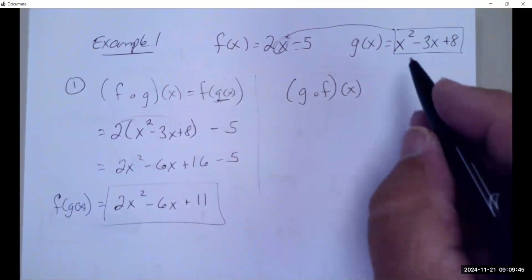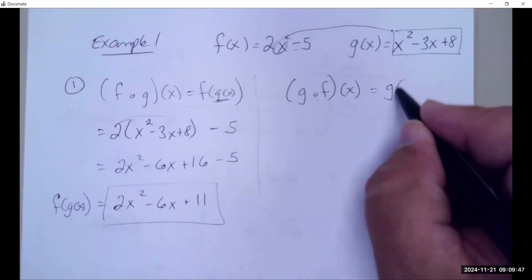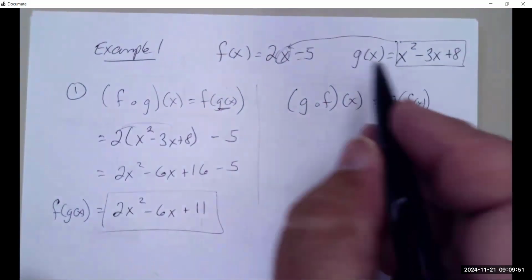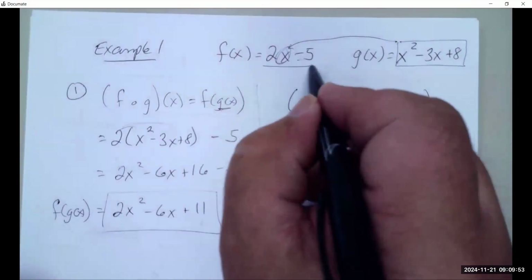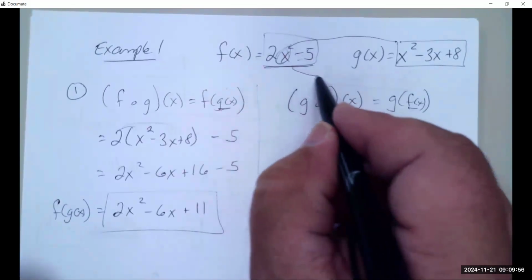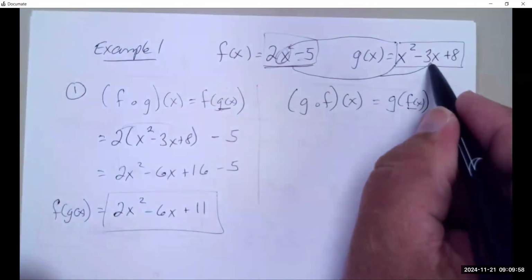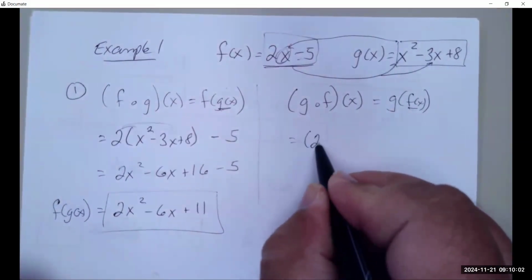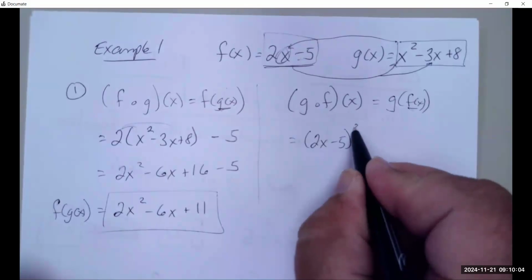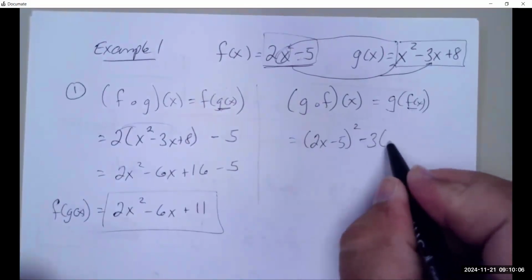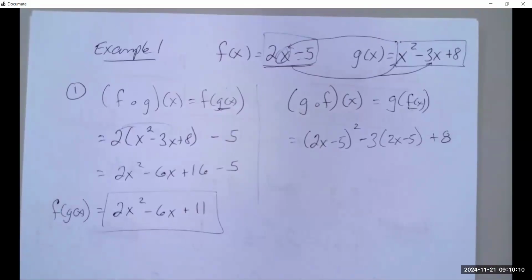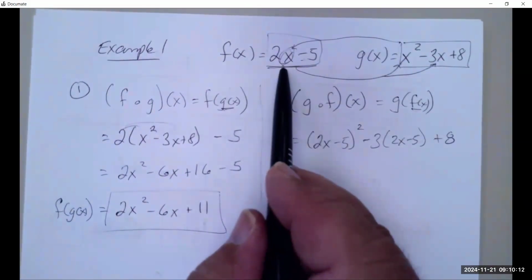And this other one says I have g of f of x. So since the f is the input, anywhere I see an x, I put that in there. So that's 2x minus 5 squared plus 8. I'm putting my function of f of x anywhere I see an x here.